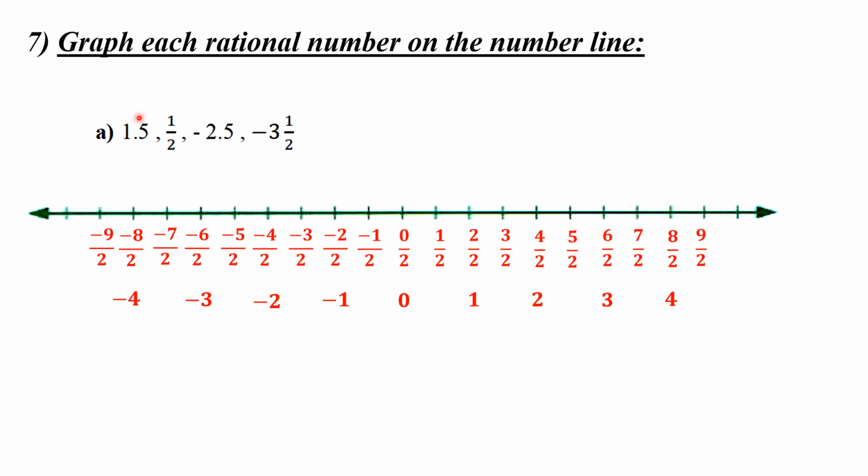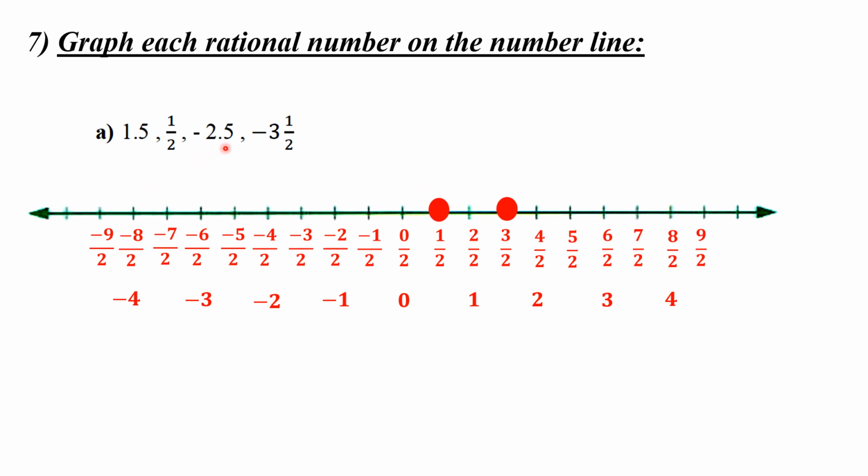The first one, 1.5. We start at 1, and then we move one step to the right, we get 1.5, which equals 3 over 2. And then we have half. This is the first number on the right after 0.